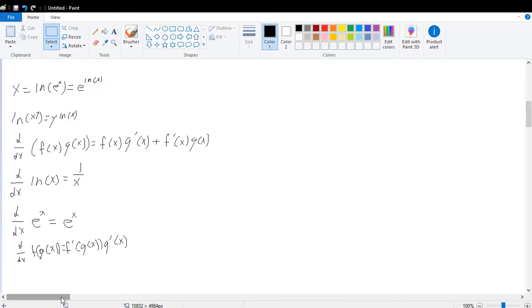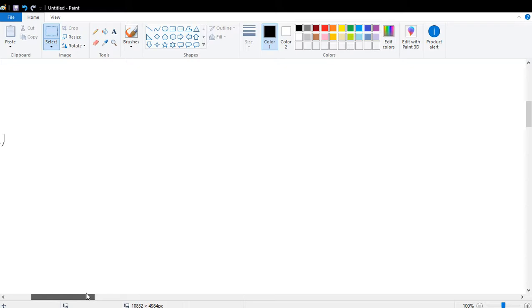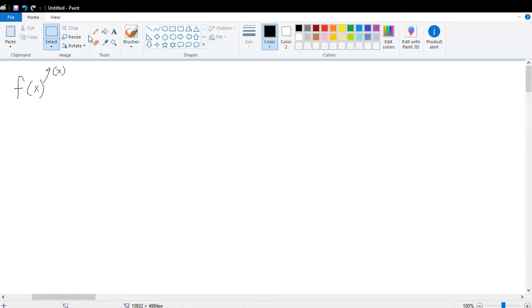Now, knowing all those, we can start deriving our function. So, the derivative of f of x to the g of x. We're going to want to rewrite f of x to the g of x using some of those log rules. So first, we're going to want e to the ln, and this whole thing is going to be in the natural log.